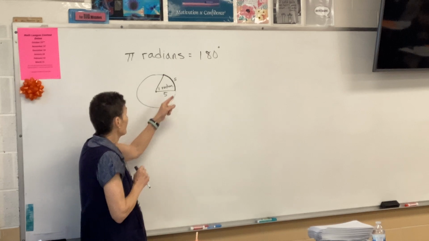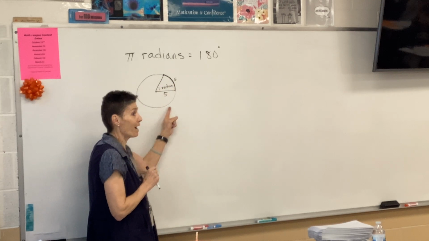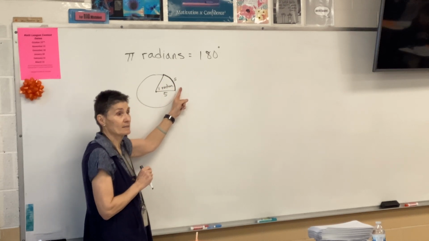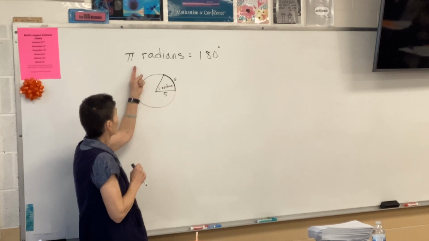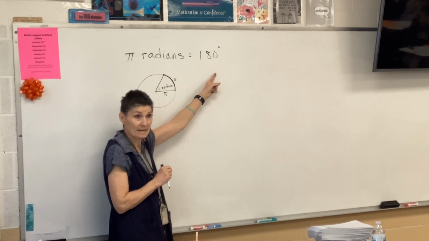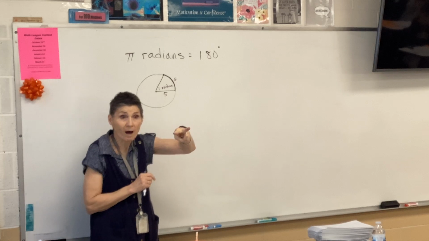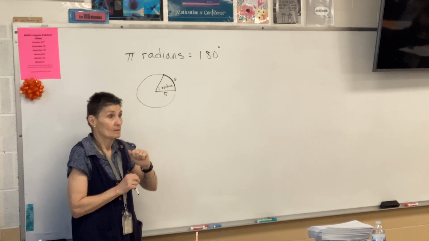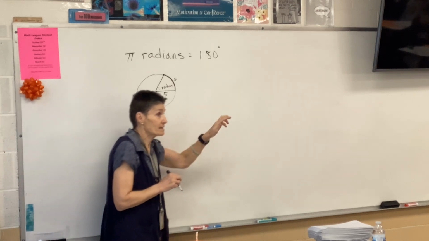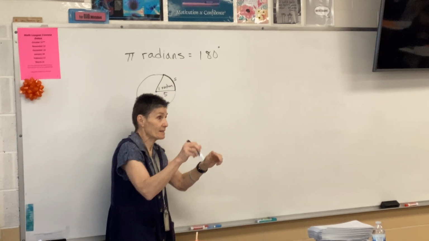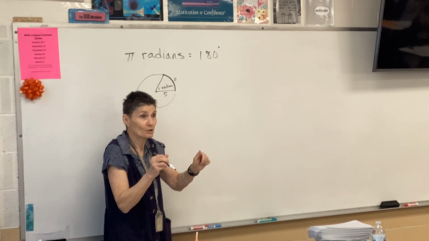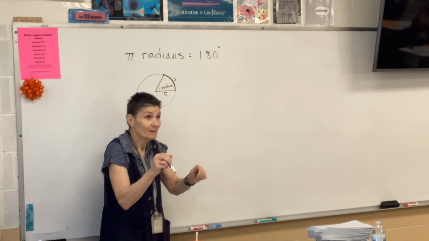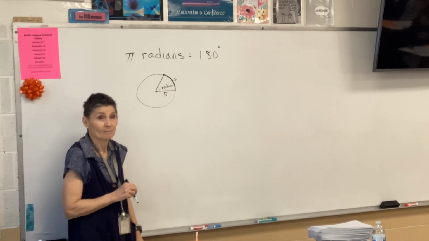And there are 2 pi radians in a revolution, because 1 pi is 180, so 2 pi's would be 360. So when you go out in the icy parking lot and you do 360s, now you can go out and do 2 pi's, right? Because that's a revolution. All right?